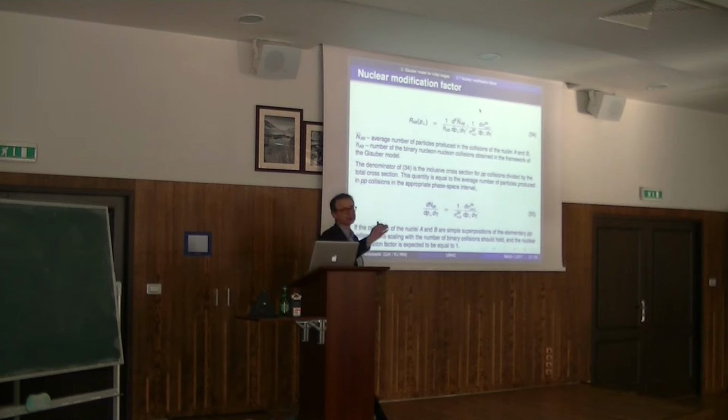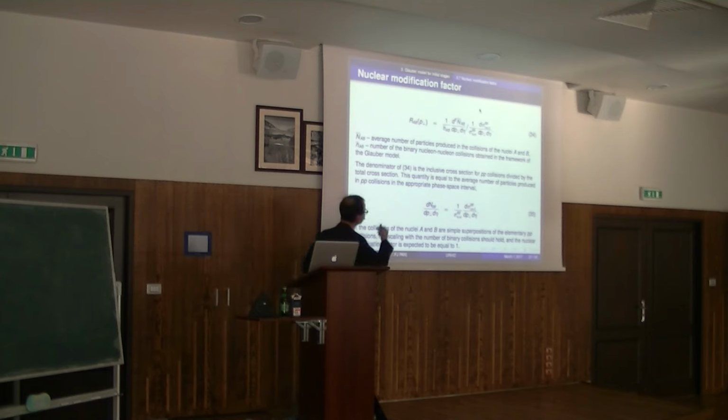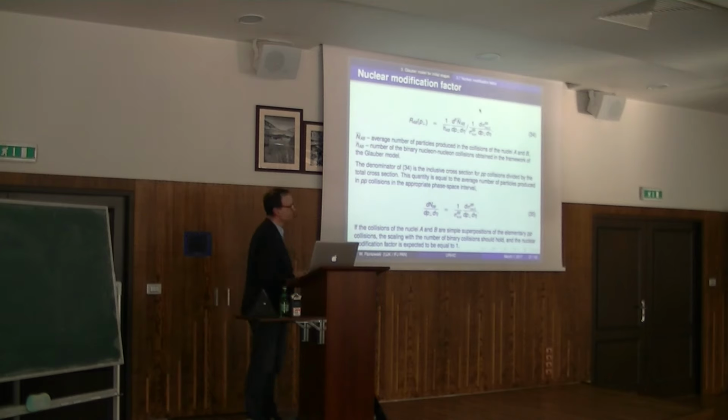This measures whether the collisions are independent with respect to these hard particles. I think maybe Grażyna was showing this modification factor. I didn't see your slides, but this is a very popular experimental tool.